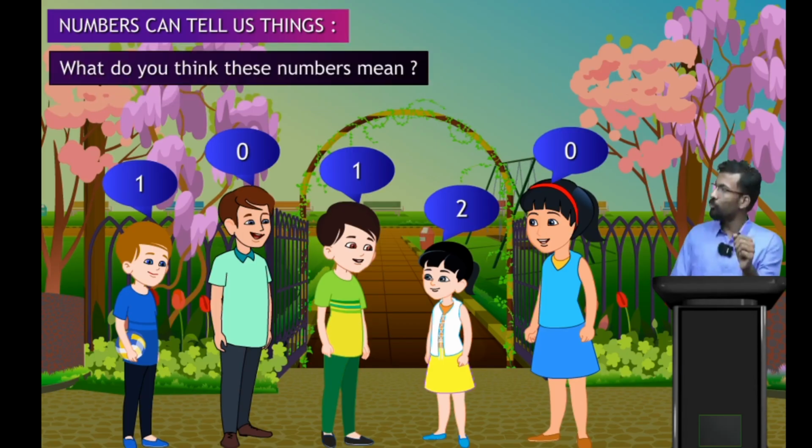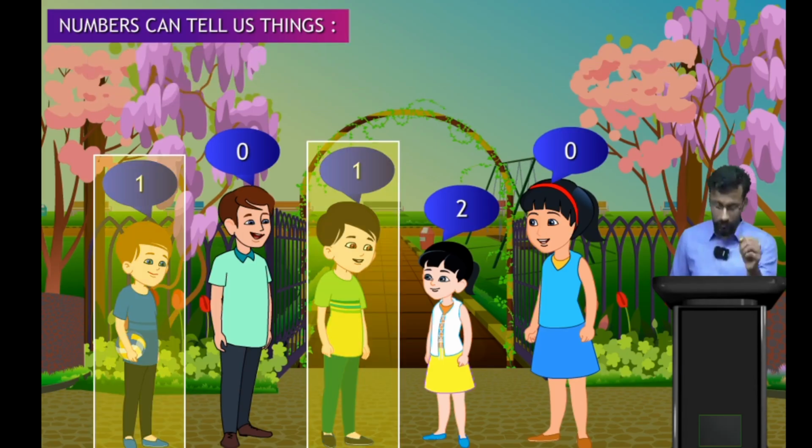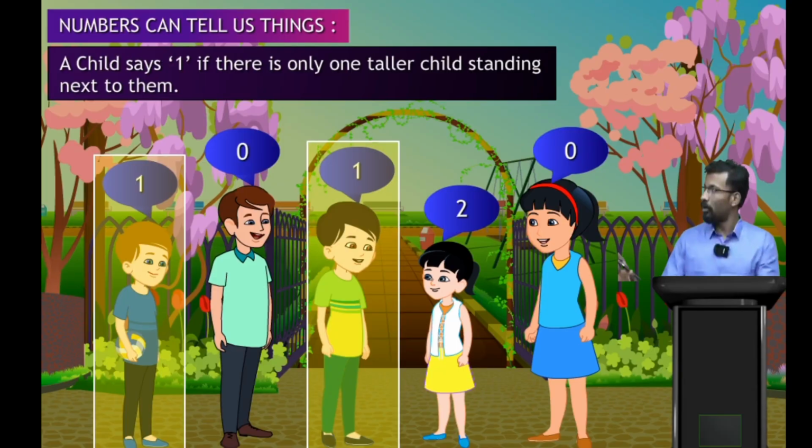What do you think these numbers mean? If a child says 1, there is only one taller child standing next to them, in the neighborhood, adjacent to them.